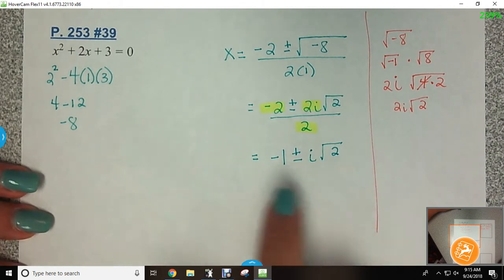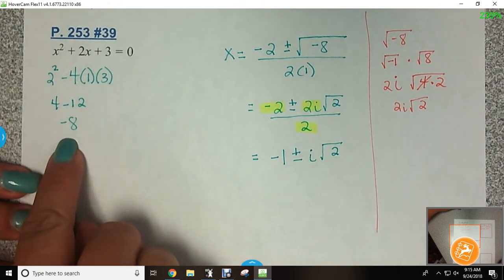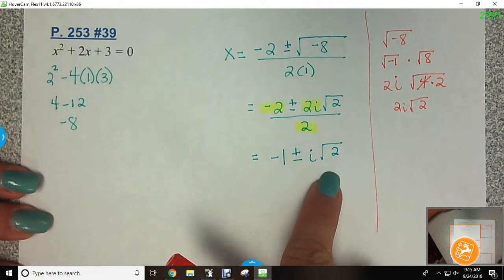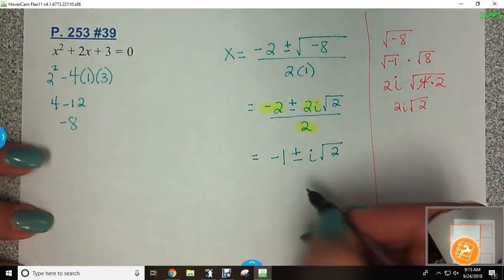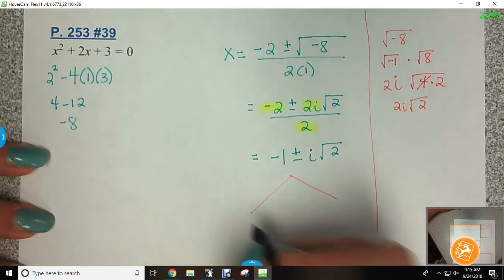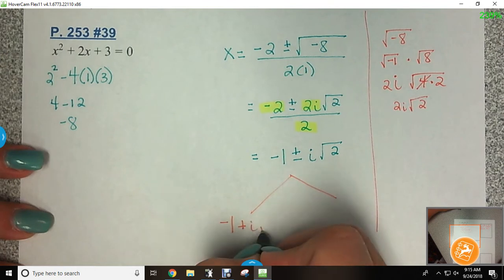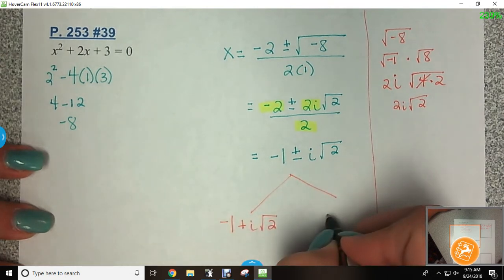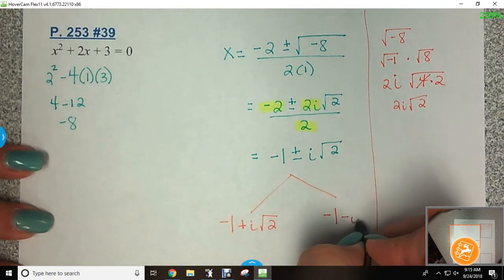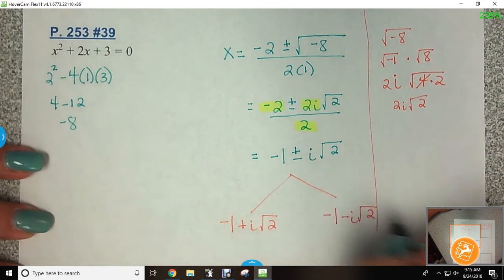So now, remember, I told you when your discriminant is negative, you have 2 imaginary roots. That's where you have to remember that this is 2 separate answers. You've got your negative 1 plus i square root of 2. You've also got negative 1 minus i square root of 2.